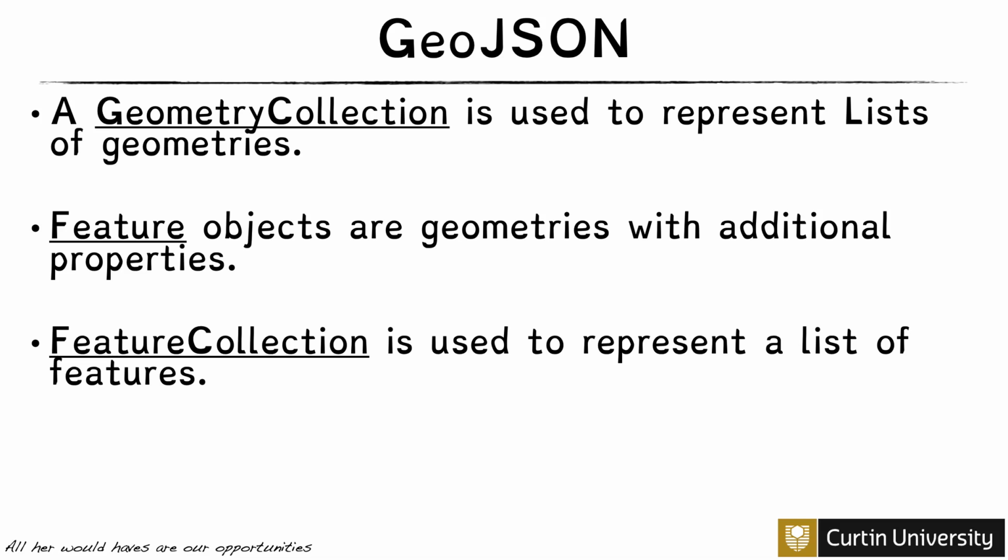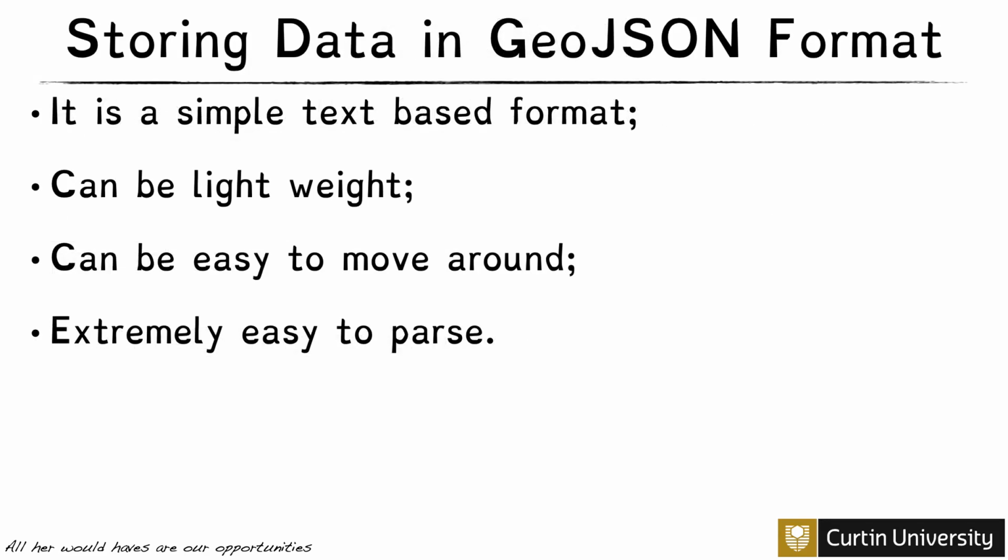Now it's important to note GeoJSON is a really straightforward text-based format, which means it may turn out to be very lightweight and something that we might want to be considering using. It can be lightweight and easy to move around.